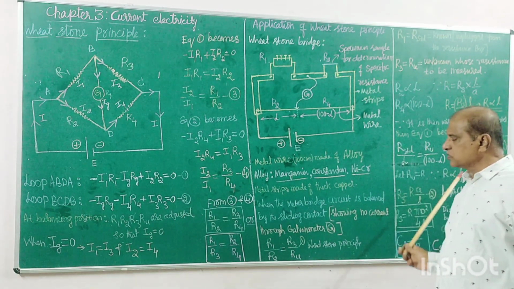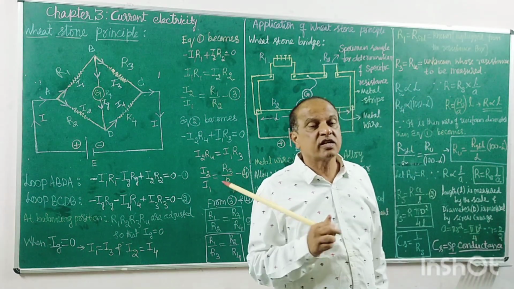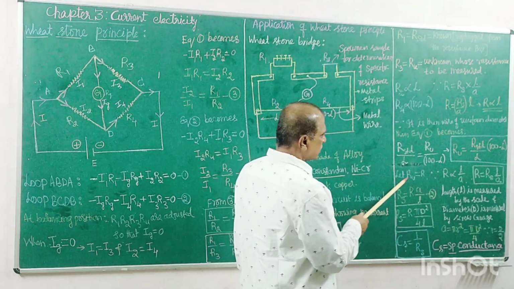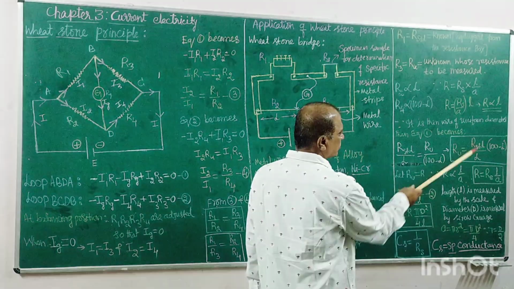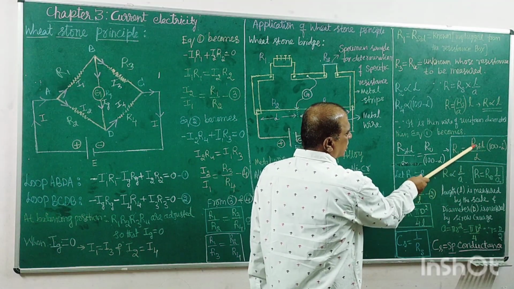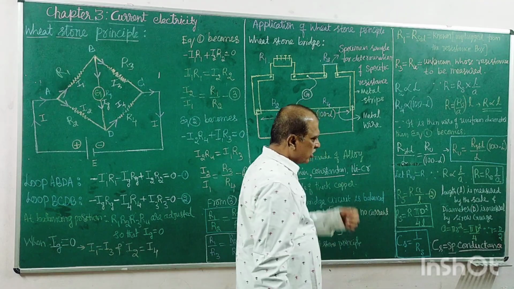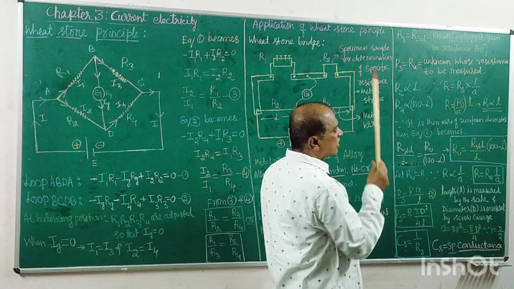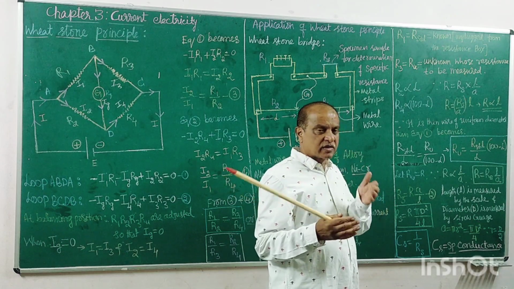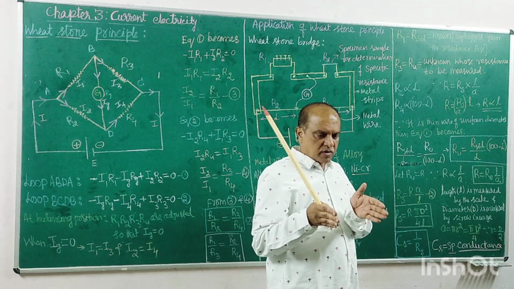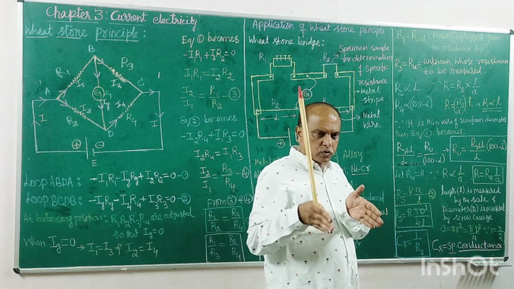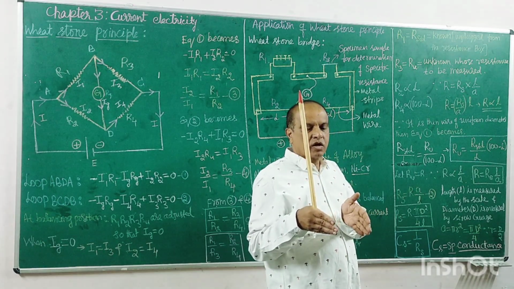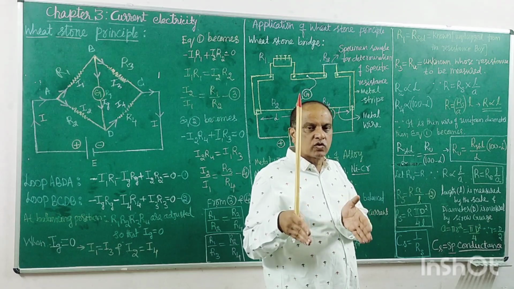In the same procedure, we measure the resistance of the solution. If you know the resistance, it is given by specific resistance times L by A, where L is the length of the solution enclosed between the two electrodes and A is the area of cross section of the solution enclosed between the two electrodes.